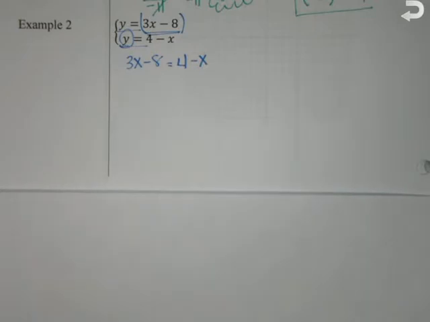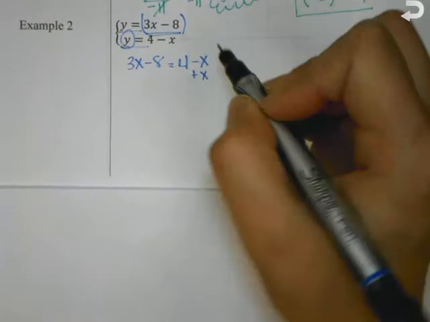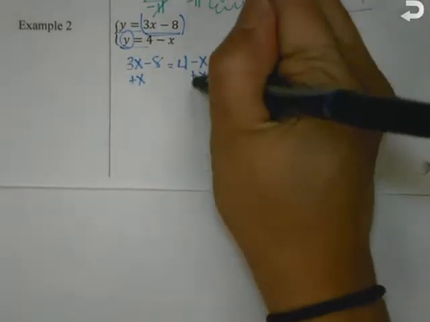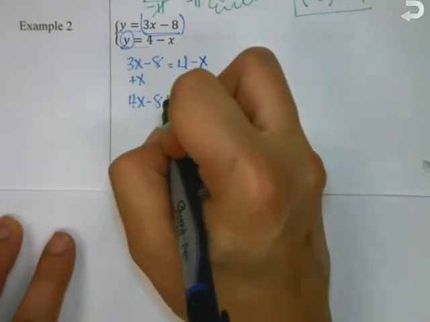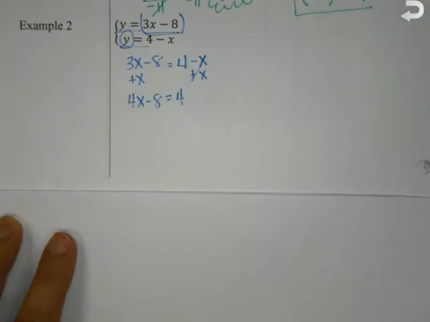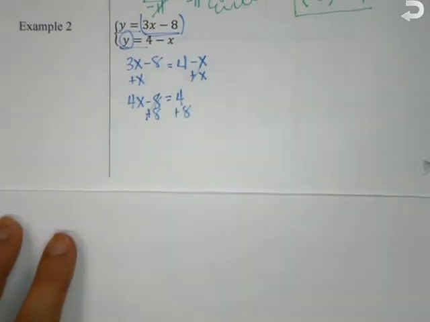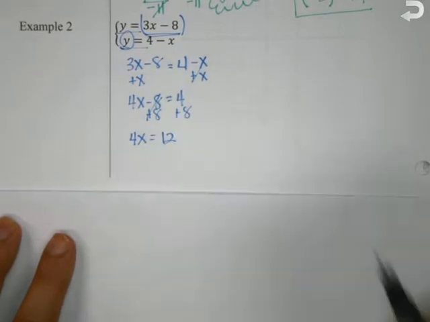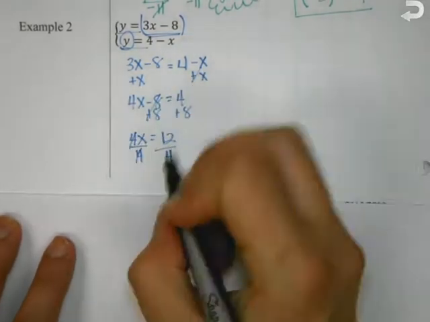So what I'm going to do first is add x to both sides. Those will cancel. And I'm going to get 4x minus 8 equals 4. Add 8. 4x equals 12. Divide by 4. So x equals 3. Bubble that, we're not done.